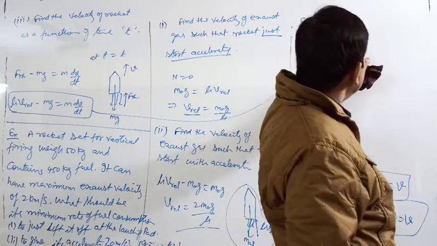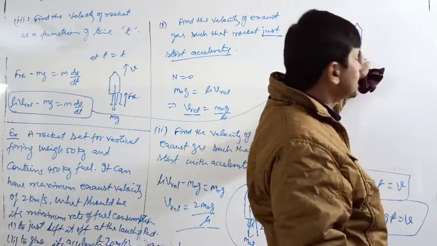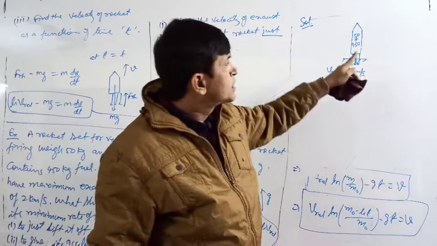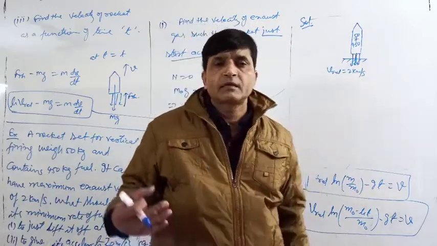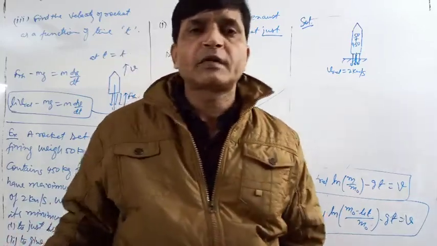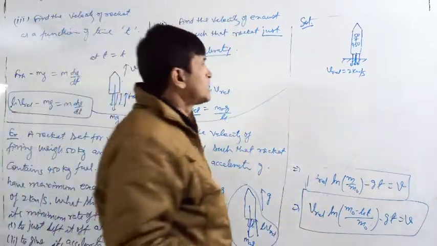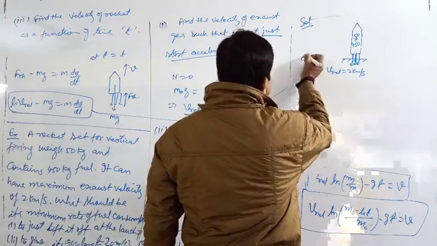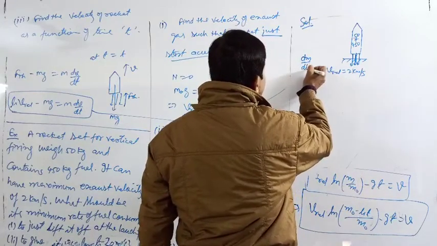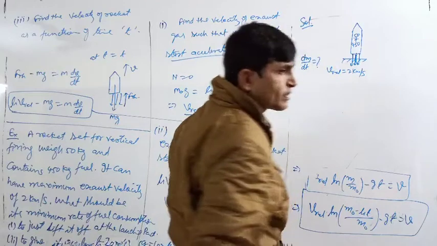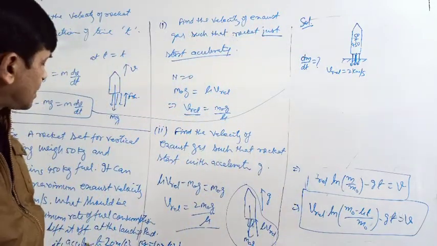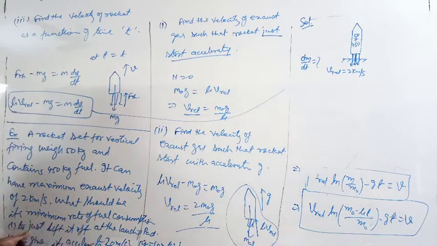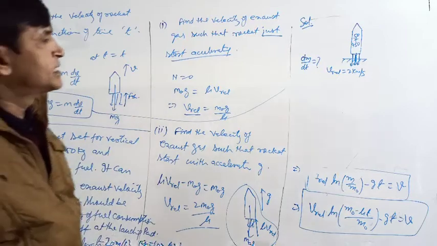Inside this fuel a chemical reaction takes place, because of that gases form. When fuel converts into gas, some fuel gets lost. So they are asking for the rate dm by dt, at which fuel has to burn and convert into exhaust gases such that it just lifts off at the launching pad.